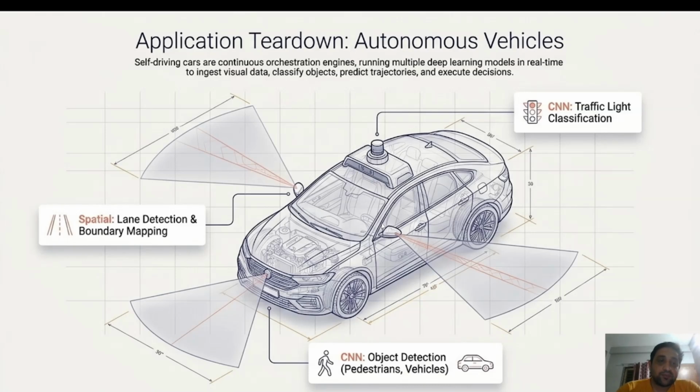The system maps road lanes, shoulders, and boundaries in 3D space, allowing the car to understand exactly where it is on the road. All of this happens simultaneously, processed in milliseconds, and feeds into a master decision system that controls steering, accelerating, and braking.